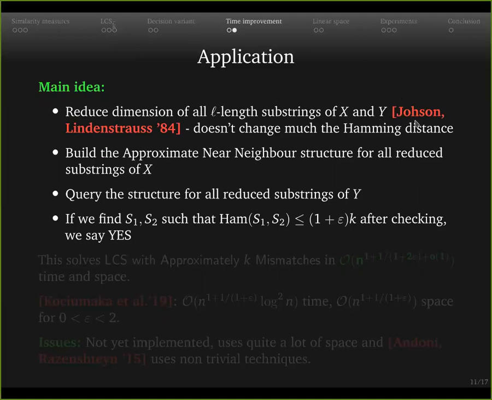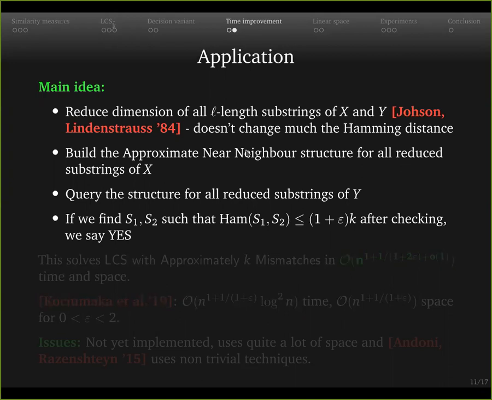For the dimension reduction, we used a corollary of the Johnson-Lindenstrauss lemma. The main thing is that it doesn't change the Hamming distance too much between the reduced points and the original substrings. We have a link between the distance between the reduced points and the Hamming distance of the two L-length substrings.